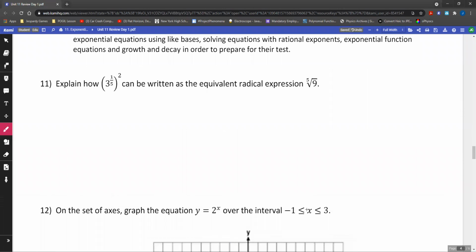So this could be done similarly. So you could say that you multiply the two exponents. You get 2/5. Turn this into a 5th root.